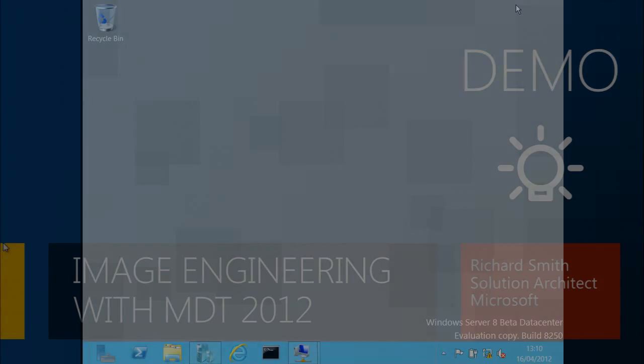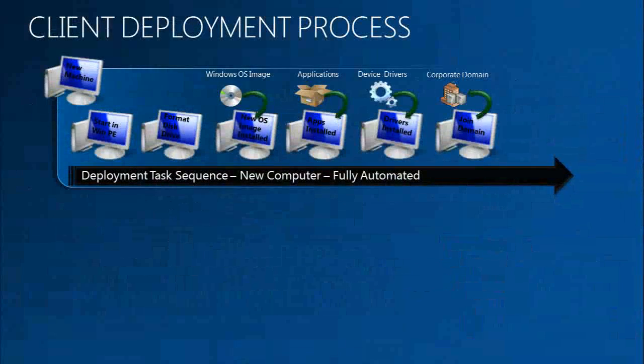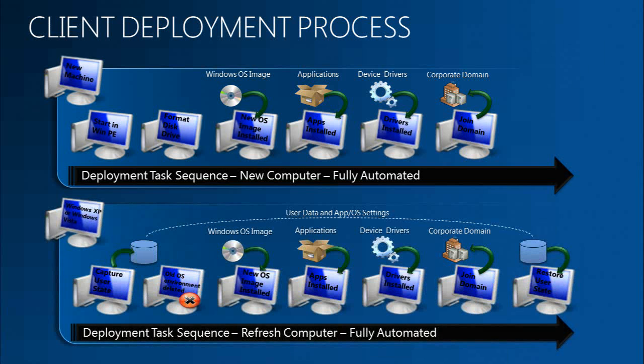Alrighty. So let me just summarize what we've seen here. The client deployment process itself has to take into account a number of different variables. Whether we're deploying to a new computer in a fully automated manner, we have a number of steps, or whether we are deploying to a machine that has existing operating systems installed. We have things like user state migration to deal with, settings, data to be migrated.